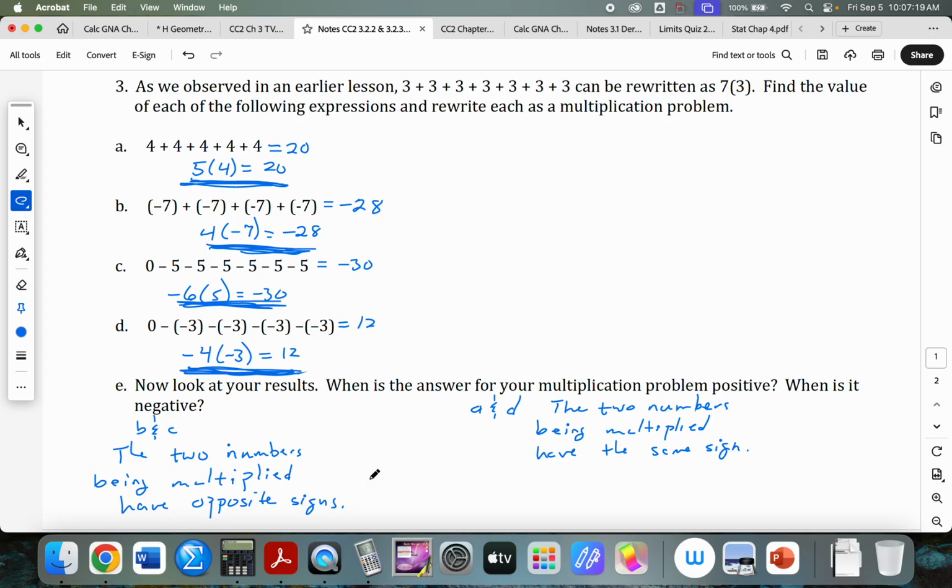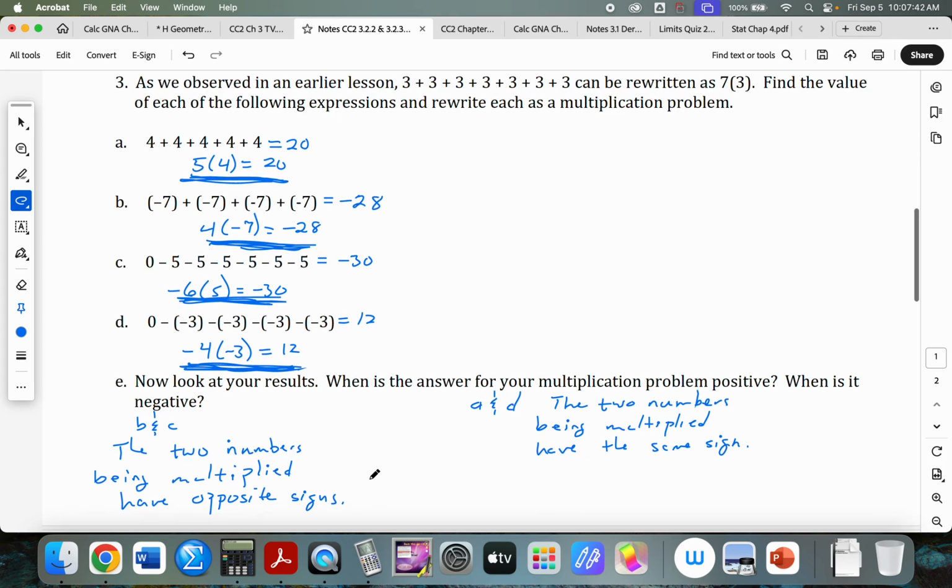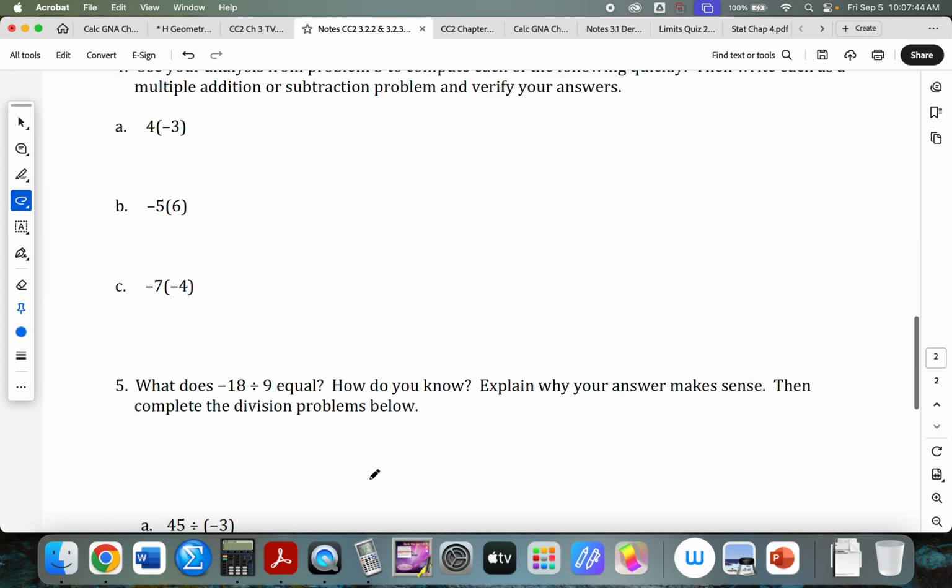So whether I multiply a negative number times a positive, which means I'm subtracting positiveness, or if I multiply a positive number times a negative number, which means I'm adding negativeness, it's the same thing. You end up with a negative. Okay? All right, let's move on to the back.